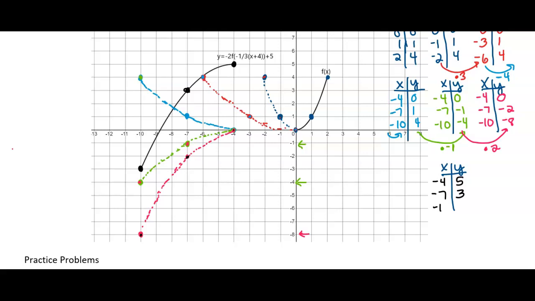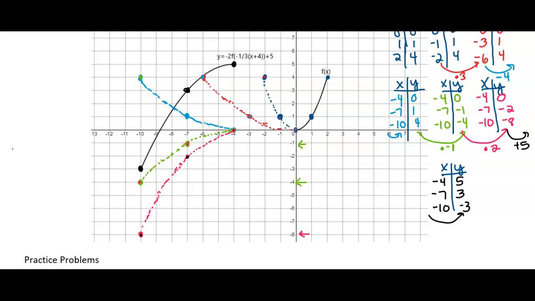And my point that was at negative 10, take that negative 8 and think of adding 5 to that, and that is negative 3. So those are my new points. What happened is I took these y values and I added 5 to them, and that gave me these new y values.